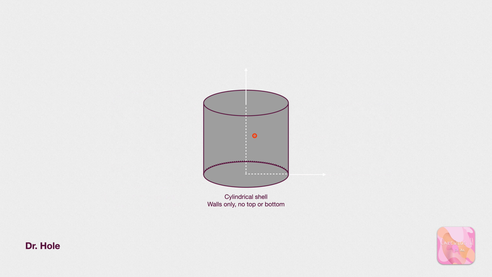Orient the cylindrical shell such that the axis in the plane coincides with the axis of rotation for the cylindrical shell, and place the base at the x-axis.